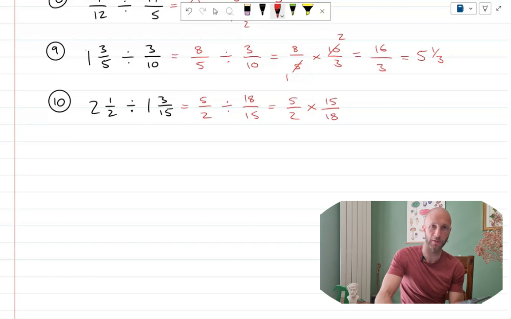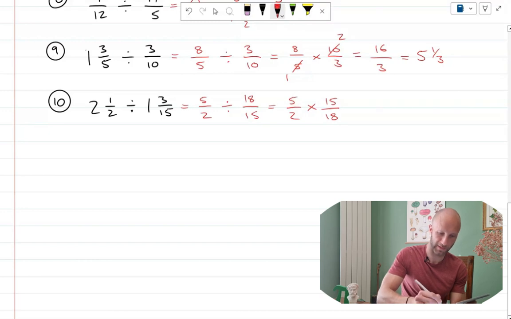And you'll notice with this one, there are no common factors on this diagonal, and there are no common factors on this diagonal. So unfortunately, we've got some slightly bigger numbers to multiply, but it's just the principle that's important. So I'll be doing 5 times 15, which is 75, 2 times 18, which is 36.